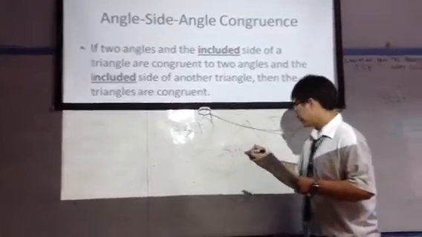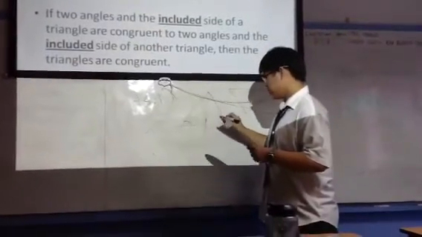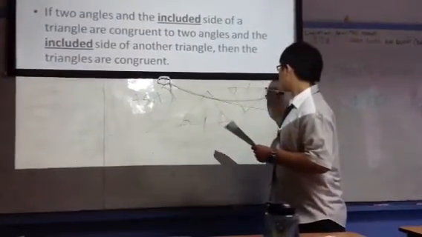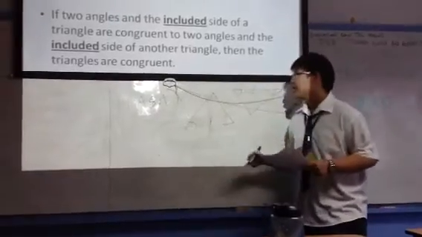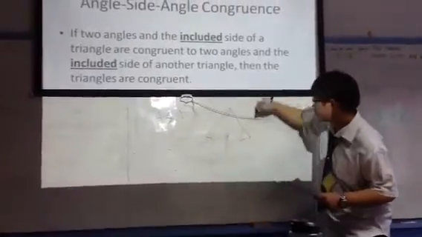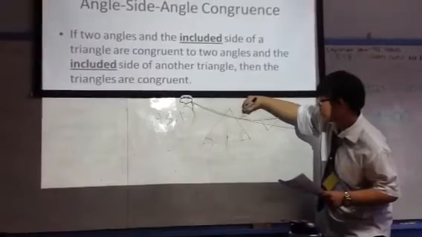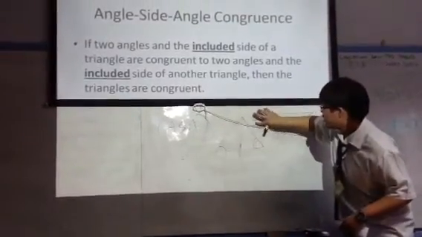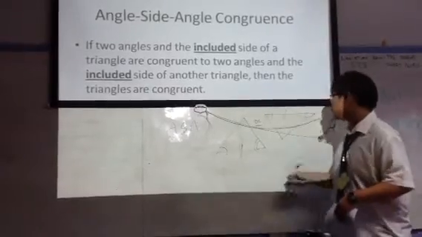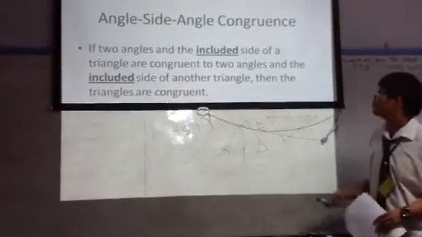So clearly this is in between. So is this one. This side is in between these two angles. This would be congruent. Remember the congruent symbol, it would be this. My handwriting is terrible, but I hope that doesn't worry you.